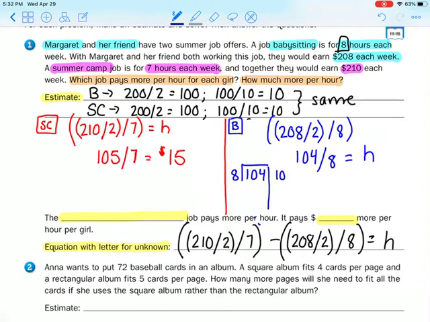So if I put a 10 here and do 80, I would get 24. And I know that 24 divided by 8, 24 is a multiple, and I get 3. So if I add those together, they made $13 an hour babysitting.